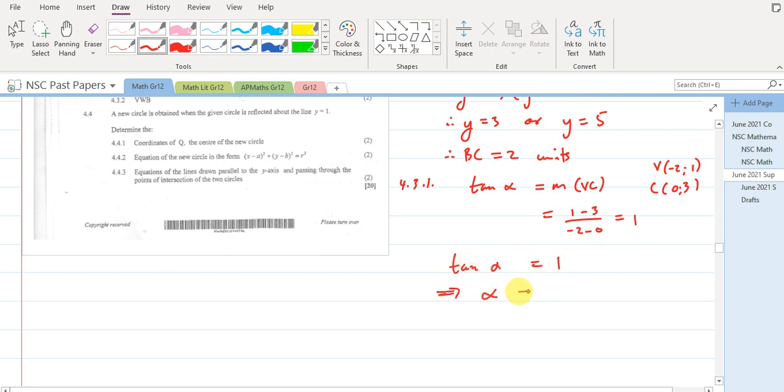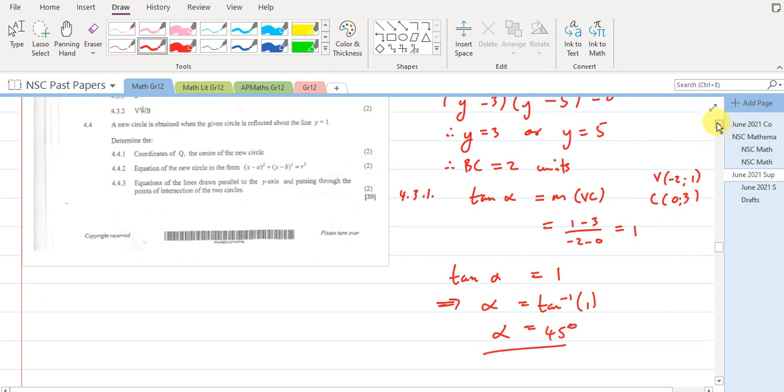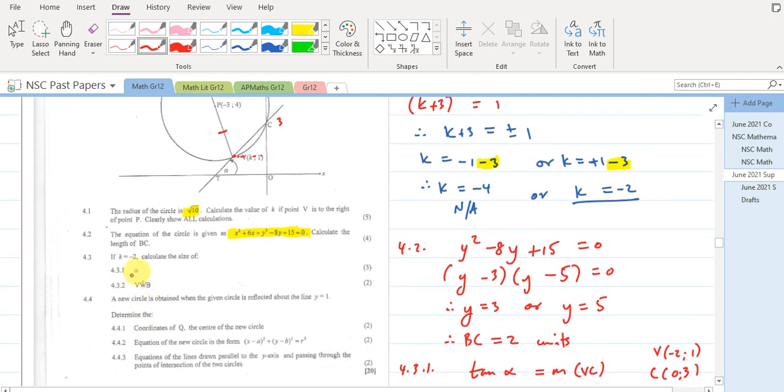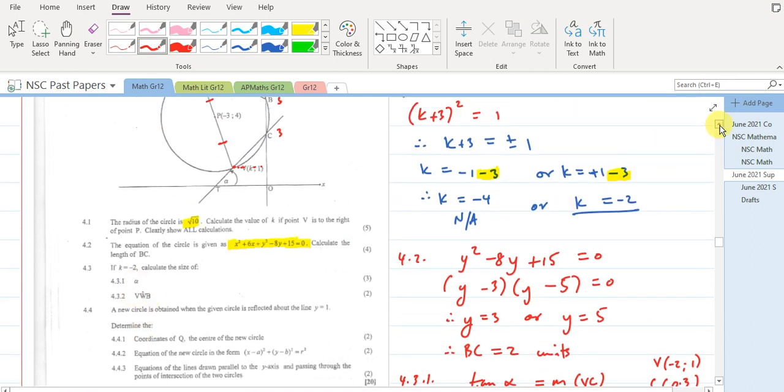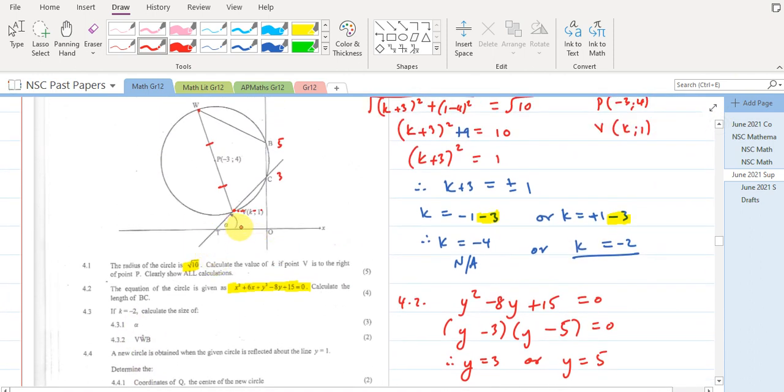This implies alpha is equal to tan inverse 1. You can use a calculator or think of it as a special angle. Alpha is equal to 45 degrees. Tan of 45 is 1. So we have solved for alpha. Right, so this is alpha, which is 45 degrees. Perfect.